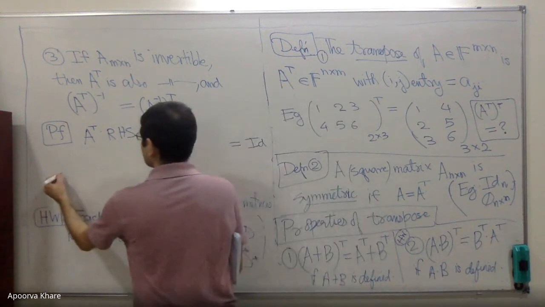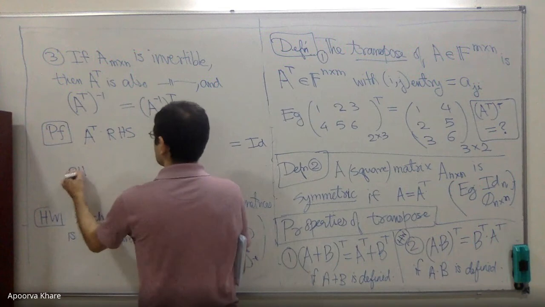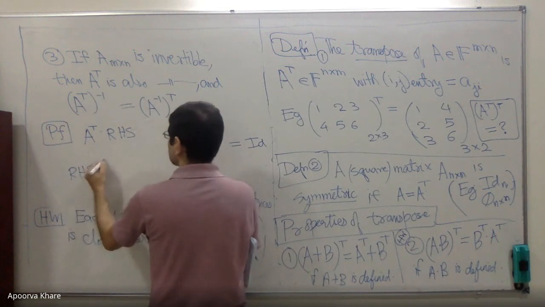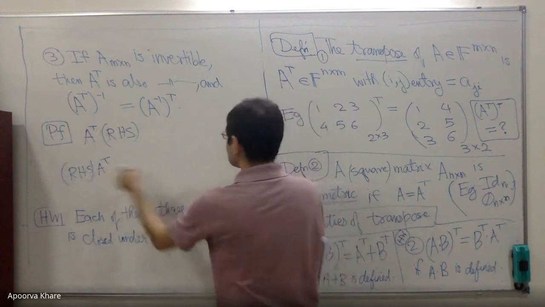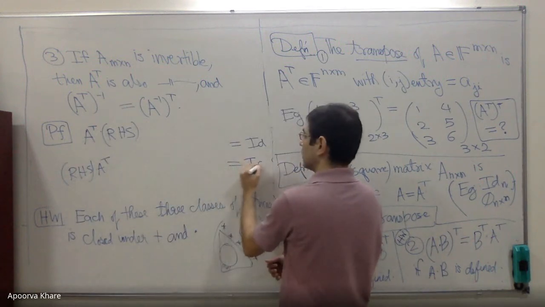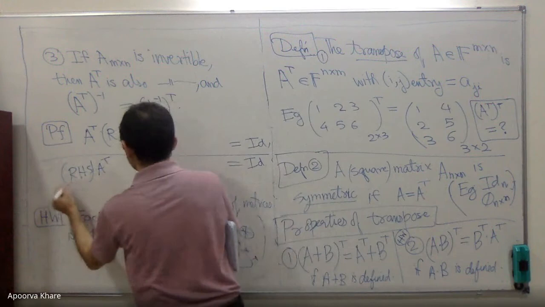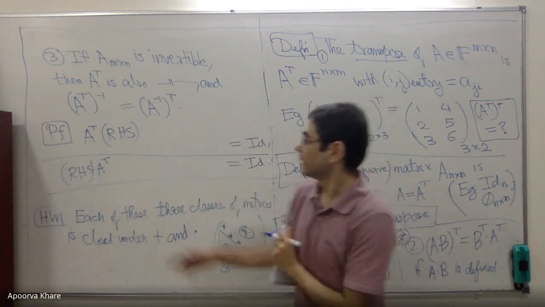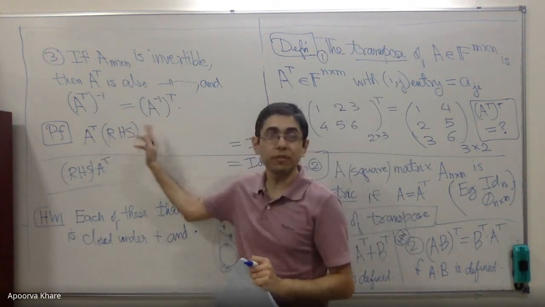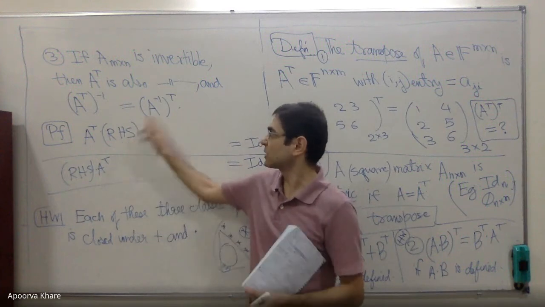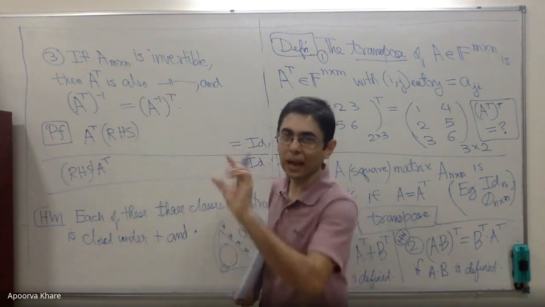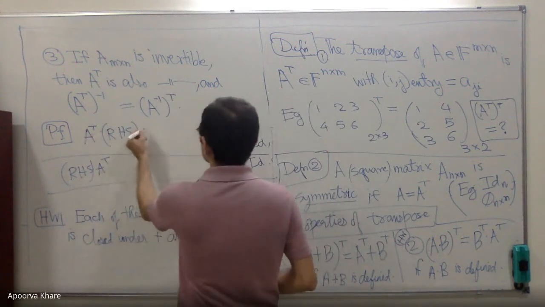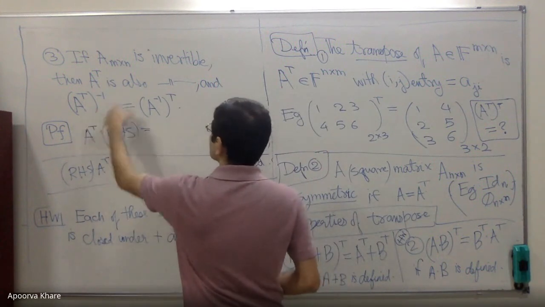And similarly, this thing times A transpose. We have to verify that A transpose times this is identity, and this times A transpose is identity. And if we can verify that, then this matrix, whatever it is, satisfies the definition of the inverse. There exists a matrix this, and there exists a matrix this, such that A transpose times this is identity in either order. Okay, let's look at this one. This is A transpose times A inverse transpose.